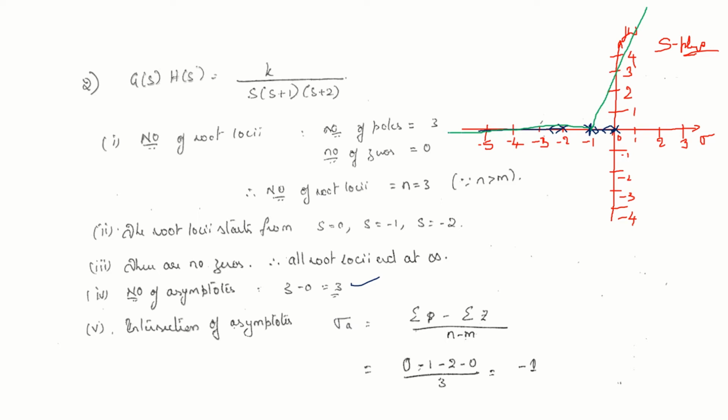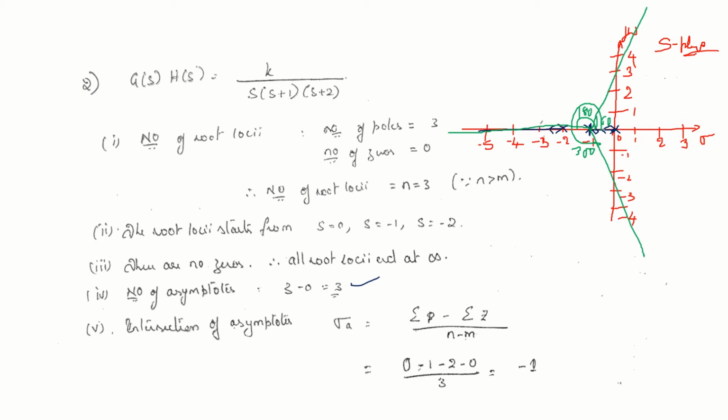Here 180 degrees and 300 degrees. You've drawn the asymptotes.